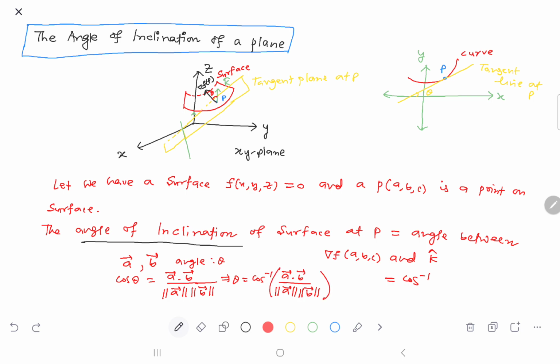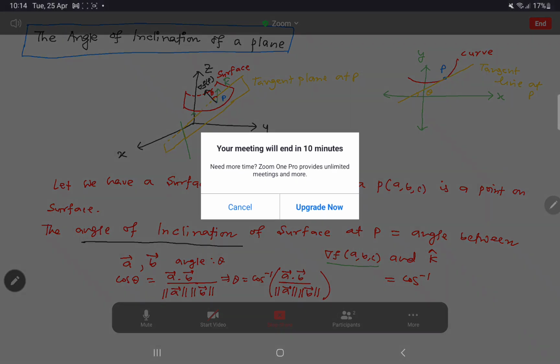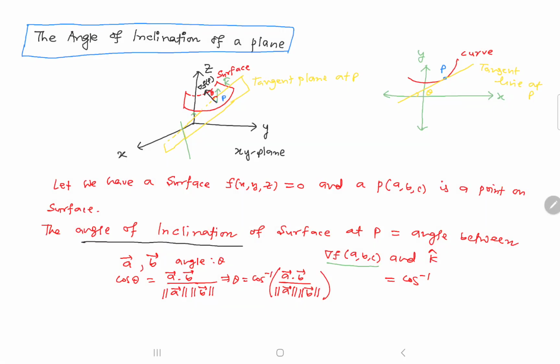So how do we calculate that? First you have to calculate the gradient.